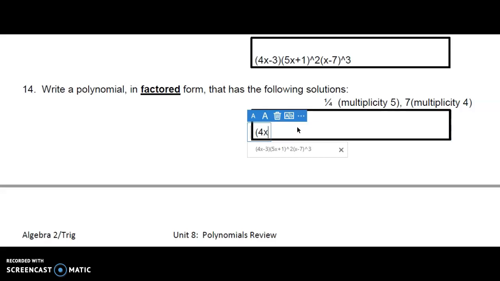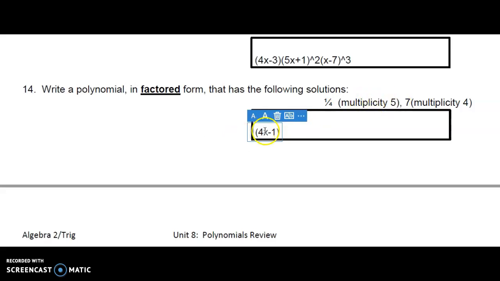So I have 4x. It's going to be minus 1 because my solution is positive. Therefore, my factor is negative, and the numerator is 1. So 4x minus 1. If I were to set 4x minus 1 equal to 0 and solve it, I would add 1 and divide by 4, which would give me a positive 1/4.